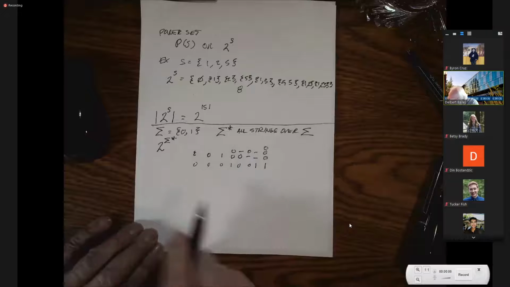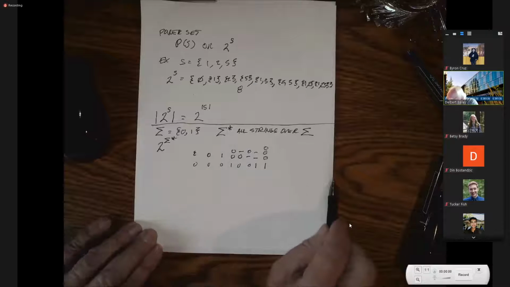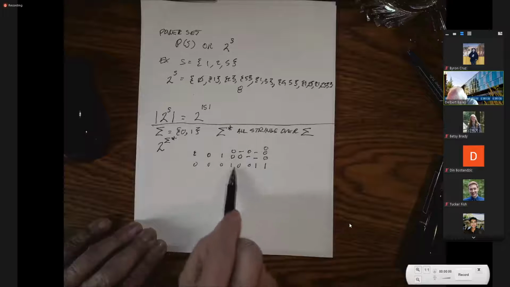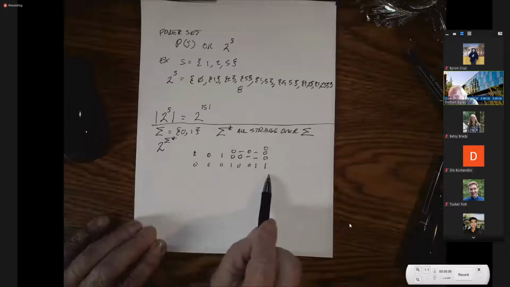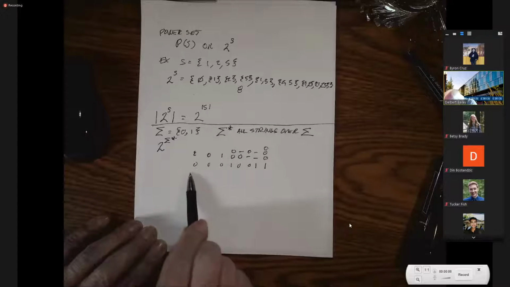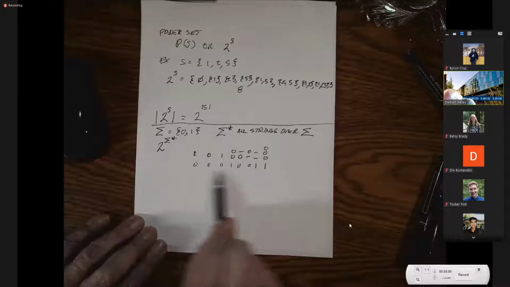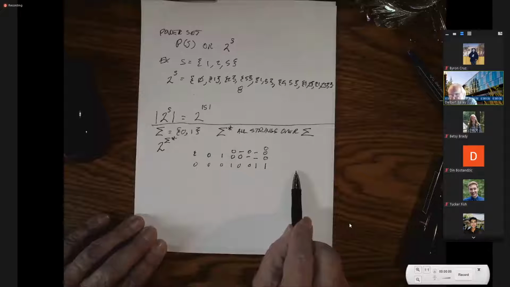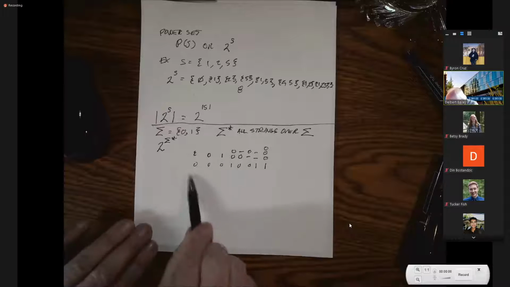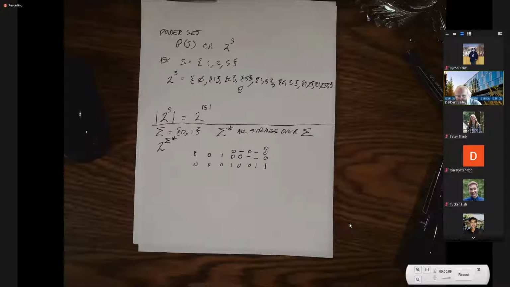So in other words, it's a string of ones and zeros, where 0 means that string's not in my set, 1 means that string is in my set. I can represent every subset of sigma star with such a string of ones and zeros. So doesn't that look like a real number between 0 and 1?